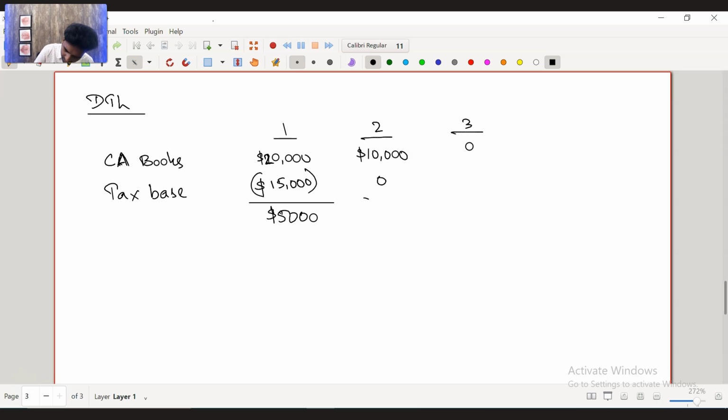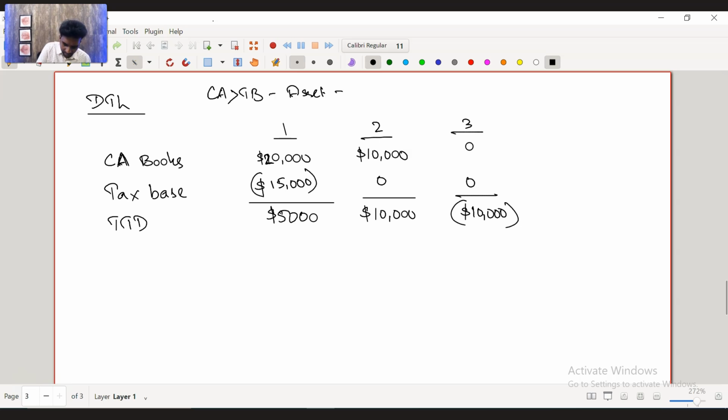Your tax base was 0, so your difference became 10,000. Your tax base is 0, so your difference nullifies. So there will be a negative amount which will knock off all your difference. So this is your taxable temporary difference. Since the carrying amount of the asset is greater than the tax base, that will lead to a taxable temporary difference.